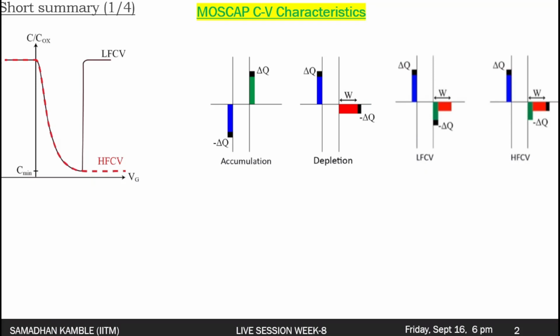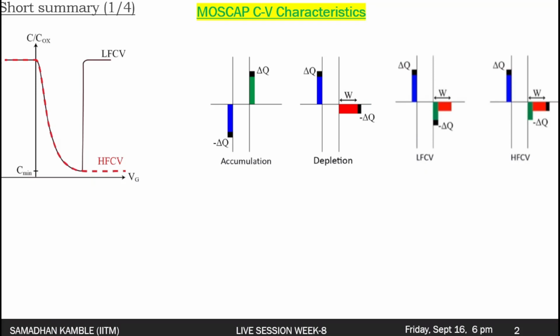So in this week, we primarily focused on the CV characteristics of the MOS capacitors. These are extremely important when characterizing the MOS capacitor, and of course in the MOS devices such as MOSFETs that we will be encountering in the next weeks and so on.